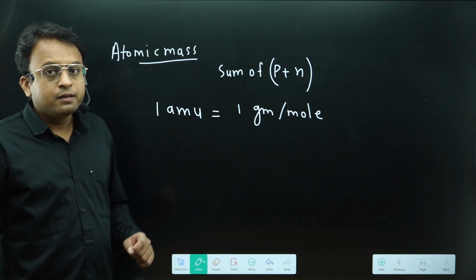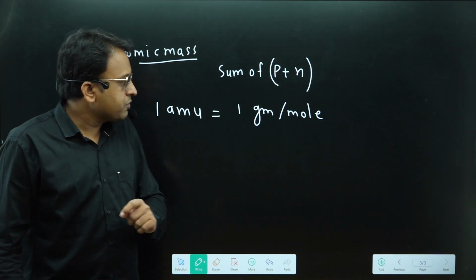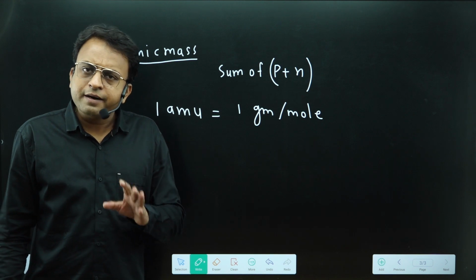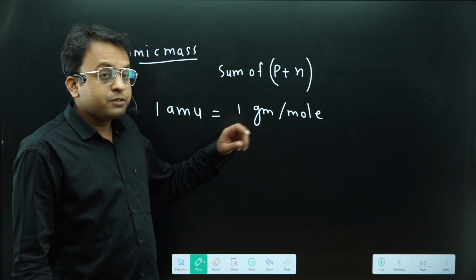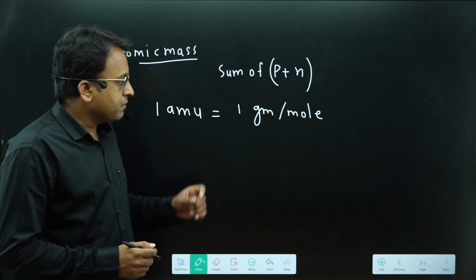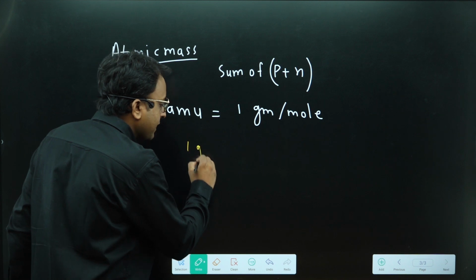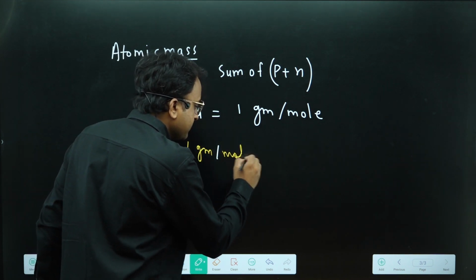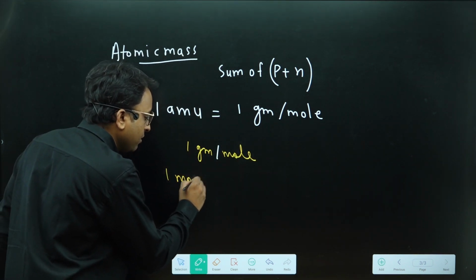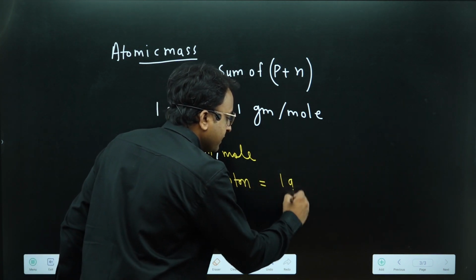Now understand the unit of atomic mass. You have to learn that the unit of atomic mass is gram per mole. Now what does this signify? 1 gram per mole means 1 mole of protons has a mass of 1 gram.